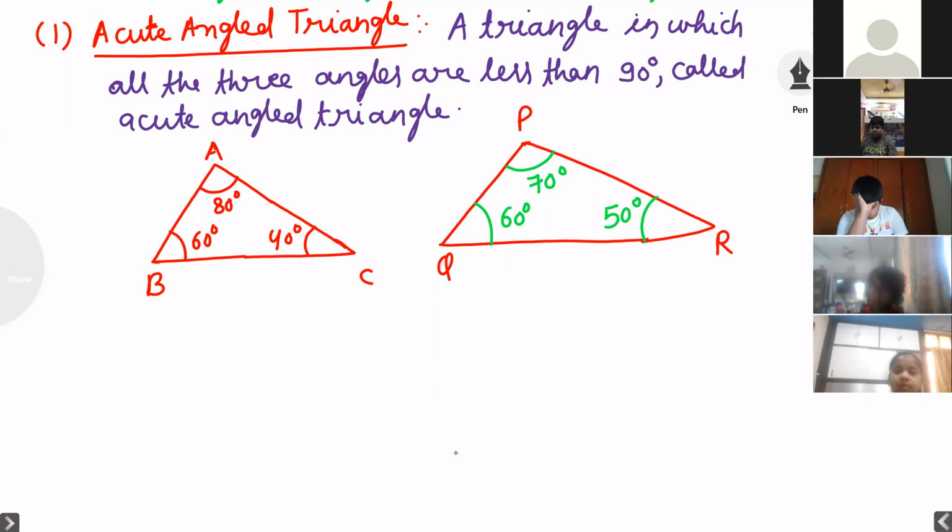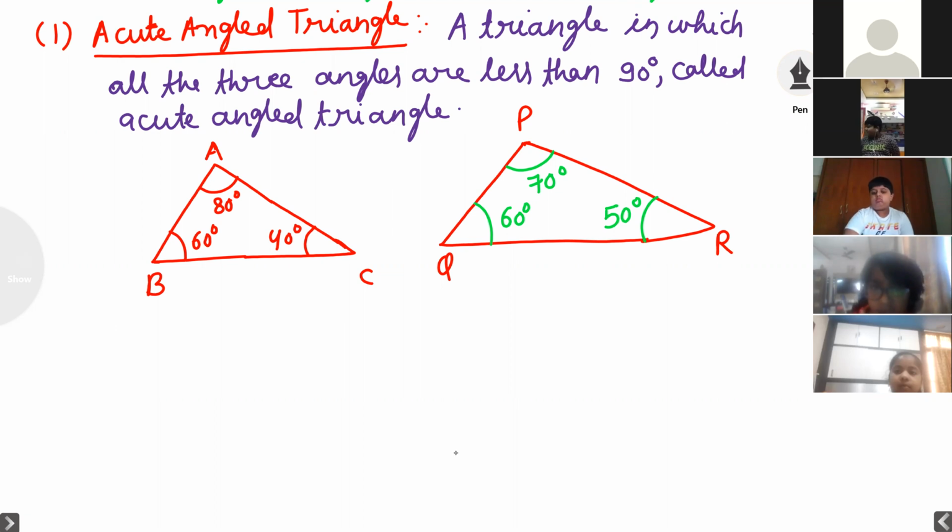You are observing here, each and every angle is less than 90°. But when we add all the three angles, the answer is coming exactly 180°. Means the angle sum property of triangle: the sum of all the three angles of a triangle is equal to 180°. If the angle sum comes greater than 180, your triangle figure is wrong.